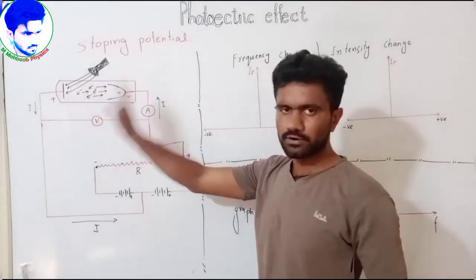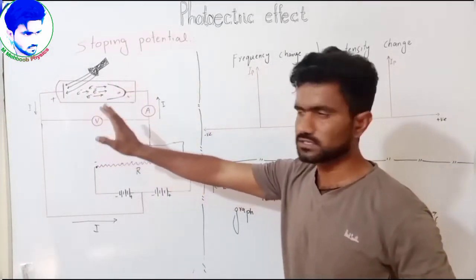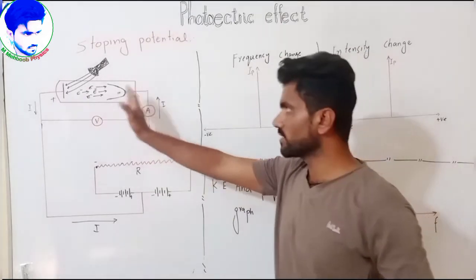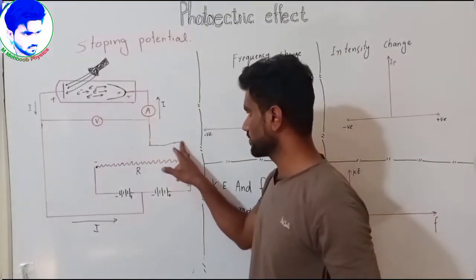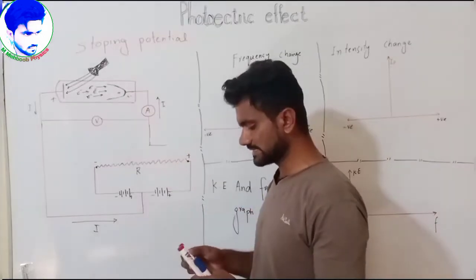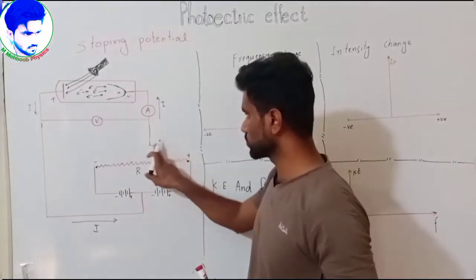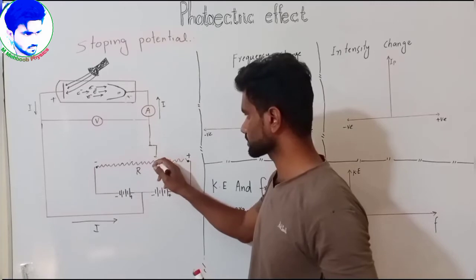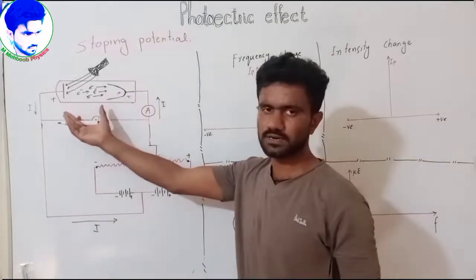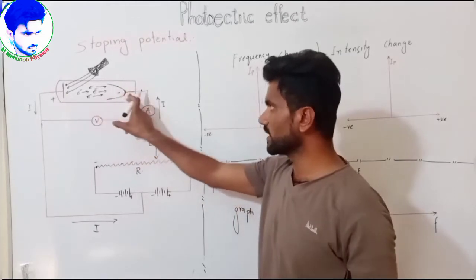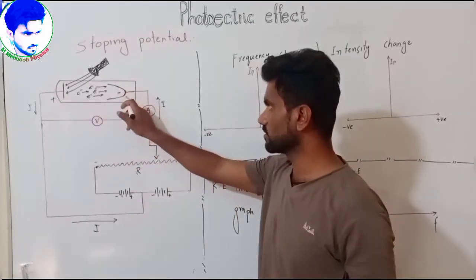So the electrons with the smaller kinetic energies will bounce back when we place this terminal, let's suppose, at that point. A potential difference will be created between these two plates and it will become negative.